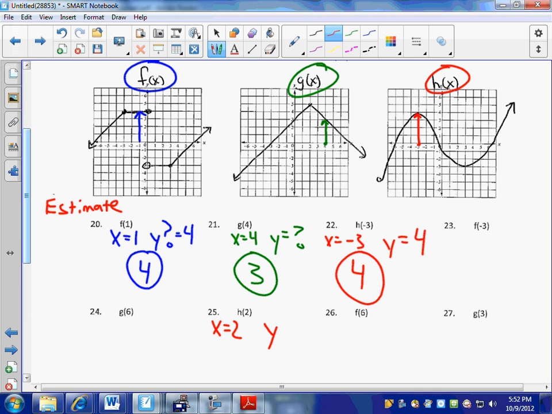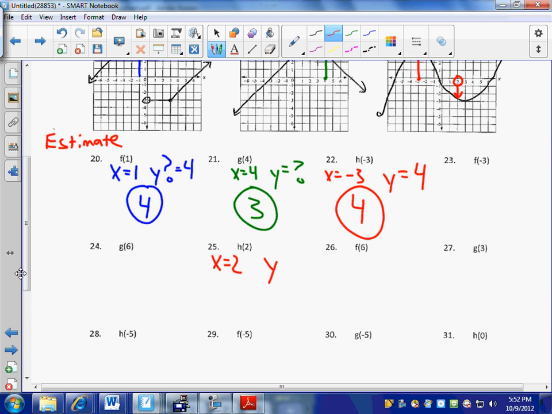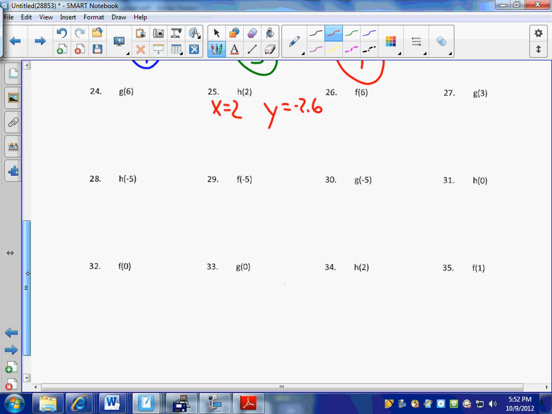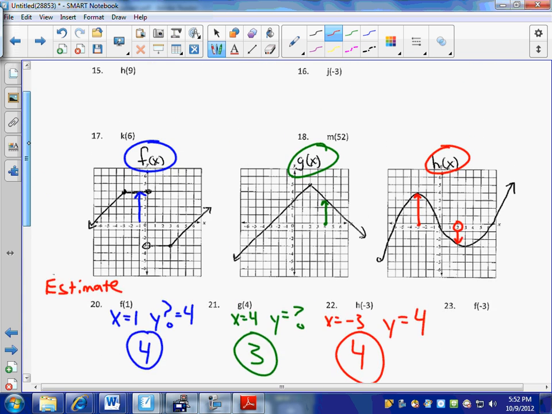If I take this 2 and I plug it in, it looks like my output is about, I don't know, -2.6. But we estimate that. So some of these you might have to estimate.